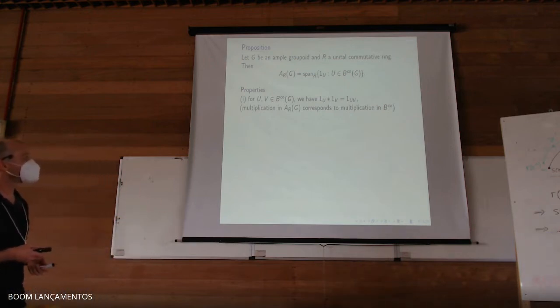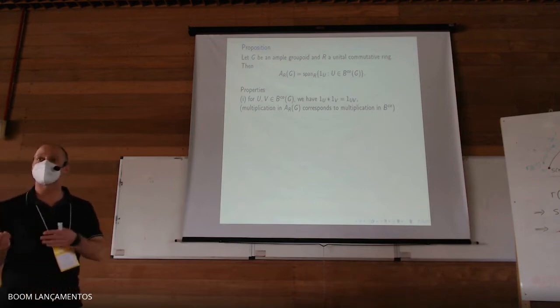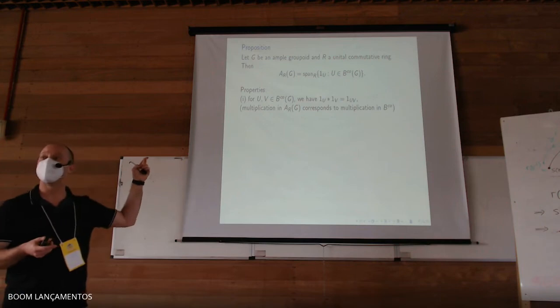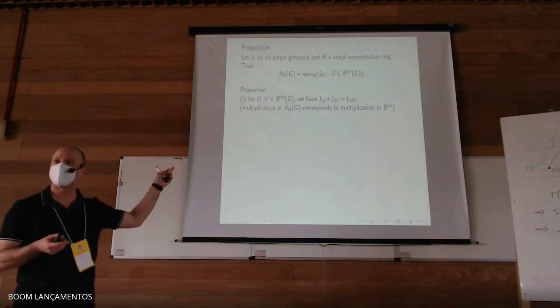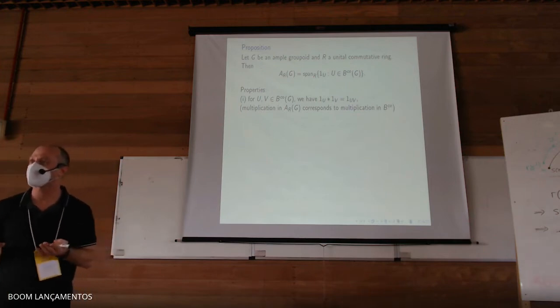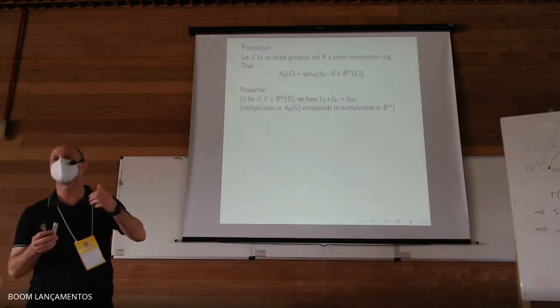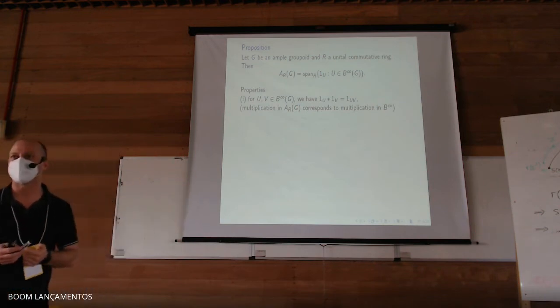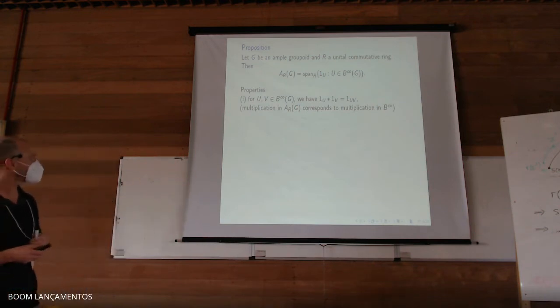So let's explore what the operations in the Steinberg algebra look like when we apply them specifically to these functions, right? Because these are, in a sense, the elementary building blocks of the Steinberg algebra. So it would be informative to know what, for example, multiplication looks like and what inverses look like, or convolution rather.